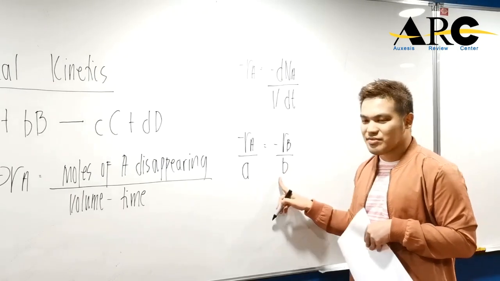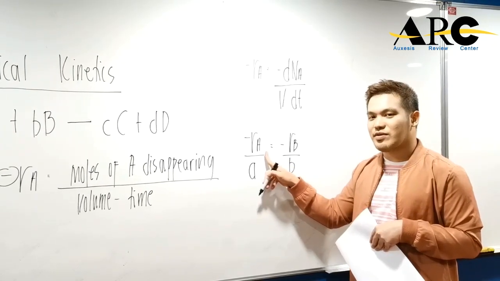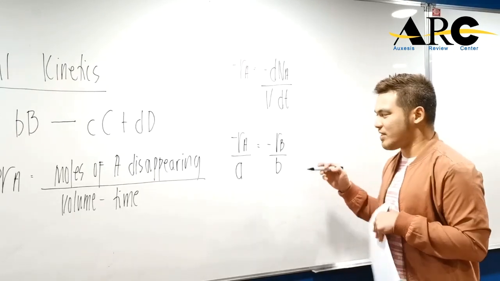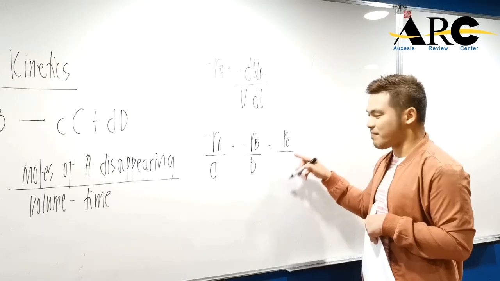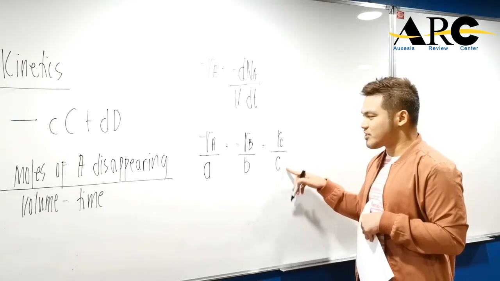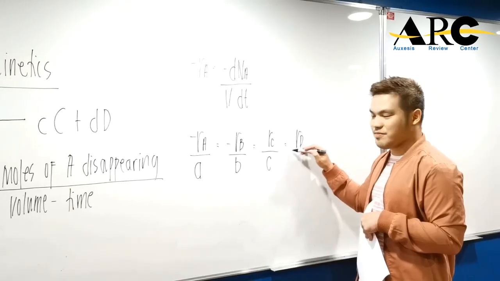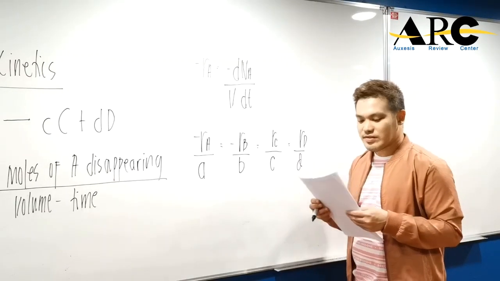Gamit yung mga stoichiometric coefficient, pwede natin ma-relate yung rate of disappearance ni A, hindi lang rate of disappearance, pati na rin rate of formation. Rate of formation ni C, kasi product yan, over sa stoichiometric coefficient ni C, ay equal sa rate of formation ni D over the stoichiometric coefficient D.